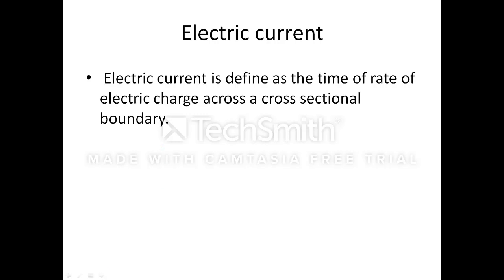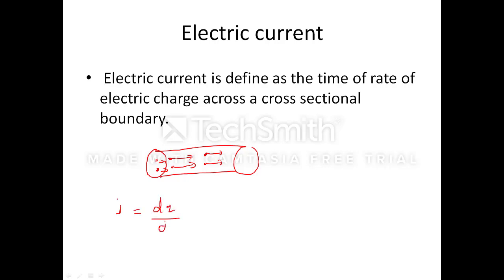Means if you have a conductor having a charge carrier flowing across it, then electric current is defined as the rate of flow of charge carrier, that is dq by dt, and its unit is ampere.